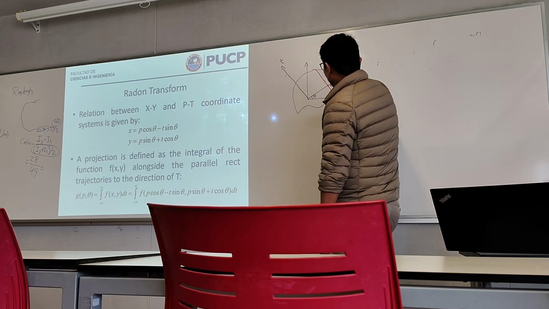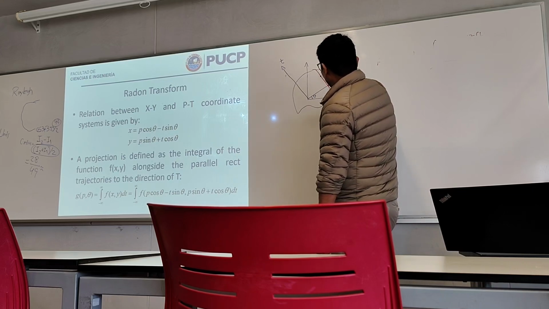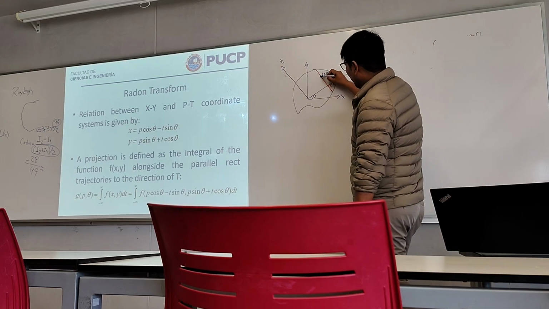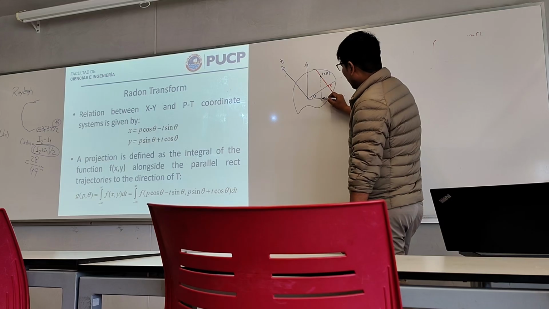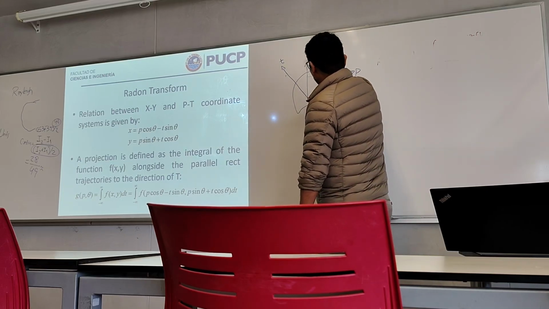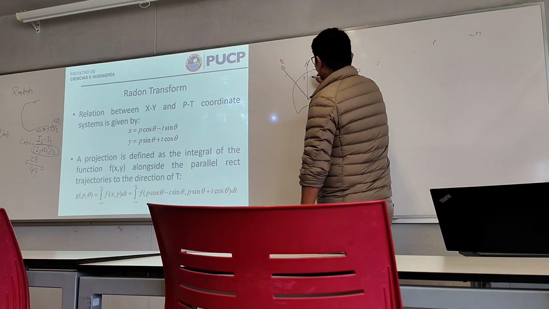Okay, so let's think that there is some coordinate here of x, y. Can you notice that this is x, y? It means that here is x and here is y.